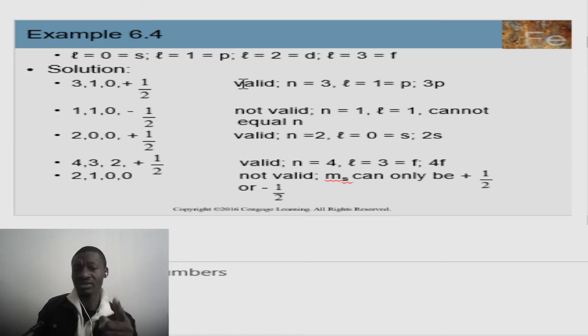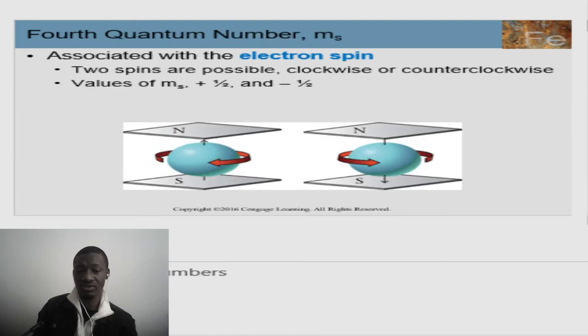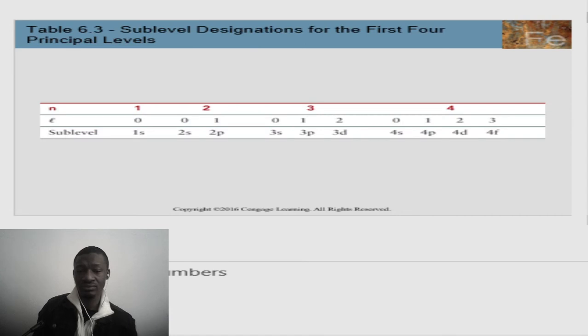And remember, 1 minus 1 is 0, so you cannot have a 1 for the l. And even a 1p doesn't exist. You only have 1s. If you go back to our table here, you only have 1s, you don't have a 1p, so hence it becomes invalid. You have 2s, 2p, 3s, 3p, 3d, 4s, 4p, 4d and 4f.